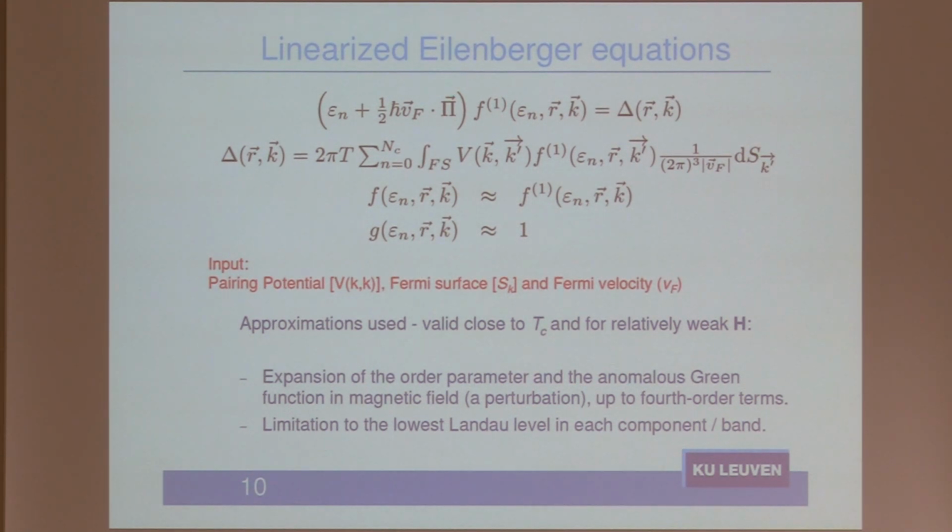So it will be a kind of equation which is linear in delta. If we solve this equation, we obtain the Hc2 field as a function of temperature. For different temperatures, we obtain Hc2. So this is how it is done.